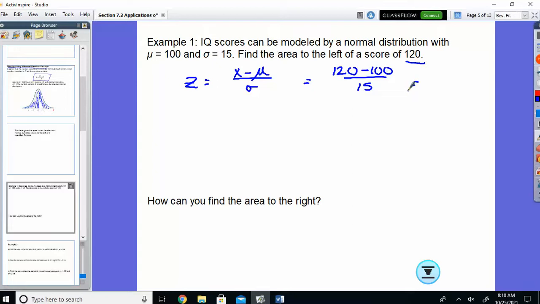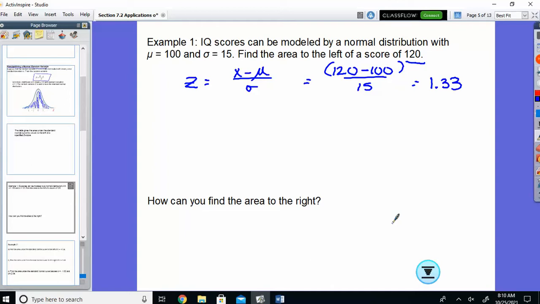All right, calculate that for me. What do you guys get? Go to 2 decimal places, please. 1.33. That's what I got.